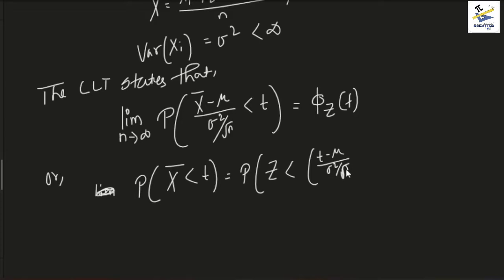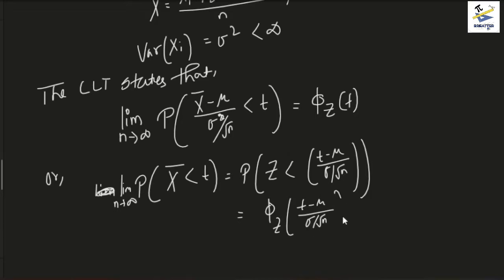Actually, sigma by root n, not sigma square. So let me correct this part. Sigma by root n. And this only happens when the limit n tends to infinity. So it basically becomes phi of (t minus mu) by (sigma by root n).